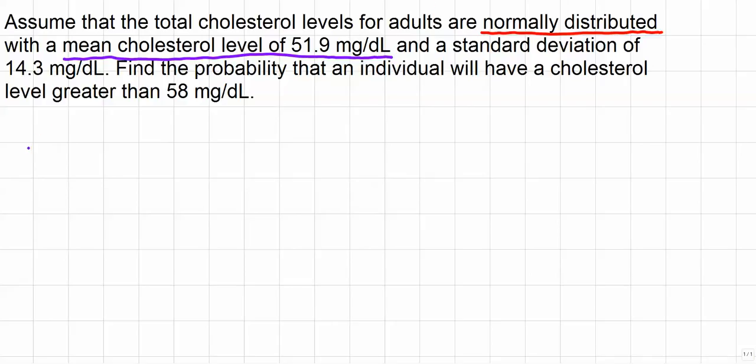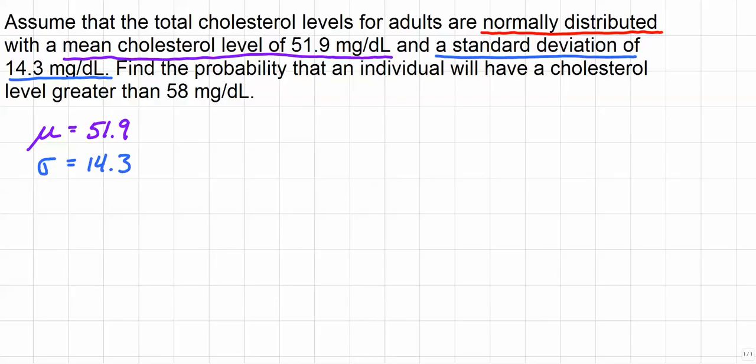So we're going to write this down as mu is equal to 51.9. And then we're told that we have a standard deviation of 14.3 milligrams per deciliter, so we'll write down sigma is equal to 14.3. Now this last sentence is exactly what we're looking for in the problem.